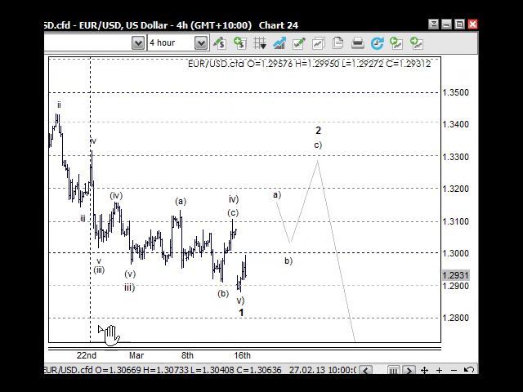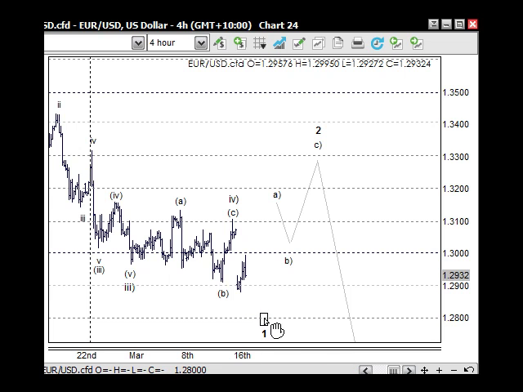The euro, we've just adjusted the wave count a little bit in terms of looking at this particular correction through here as a flat correction, and still looking for wave 1 to the downside, and this has actually still got more to come down through here as well.